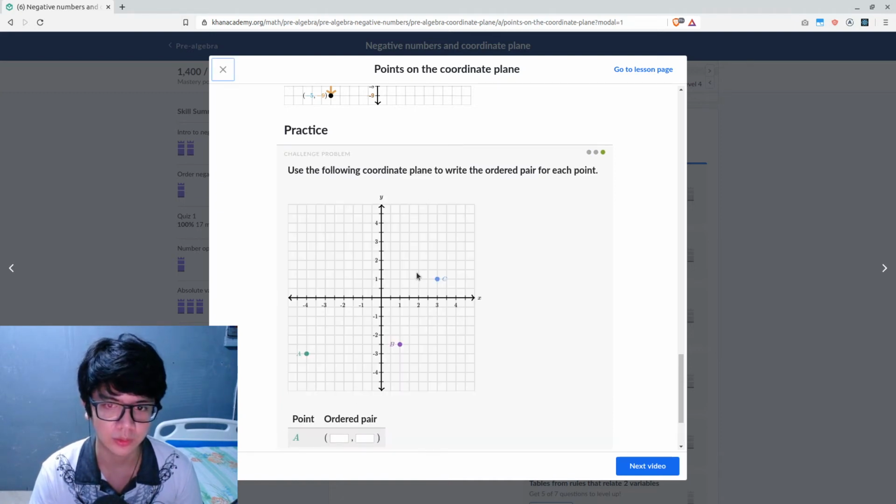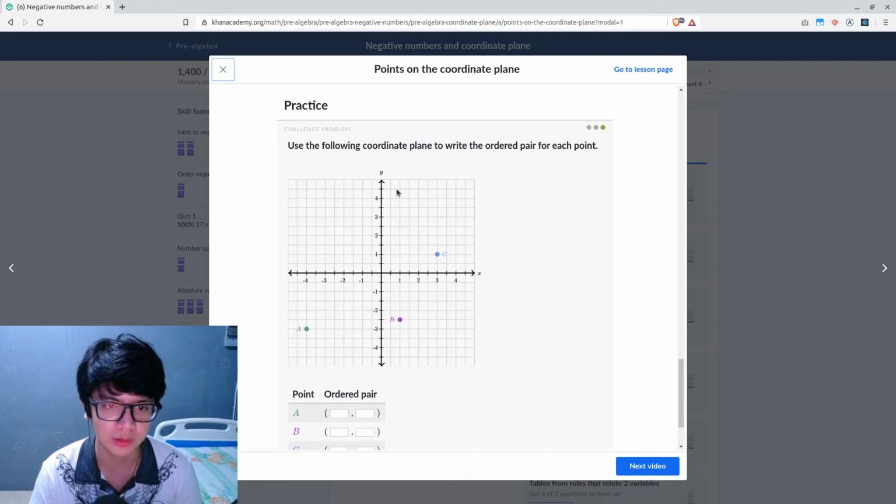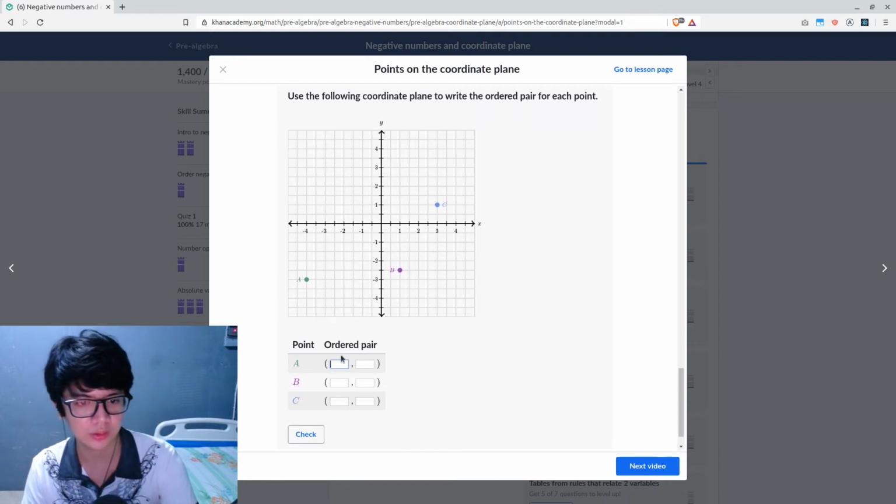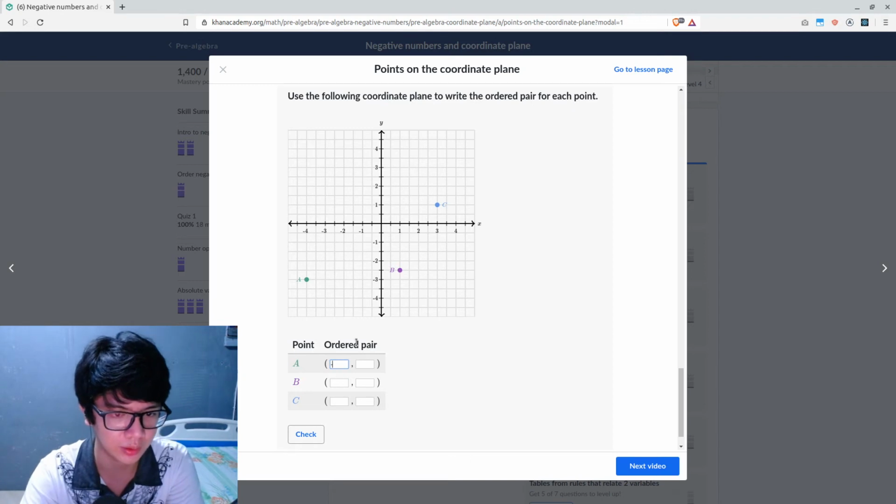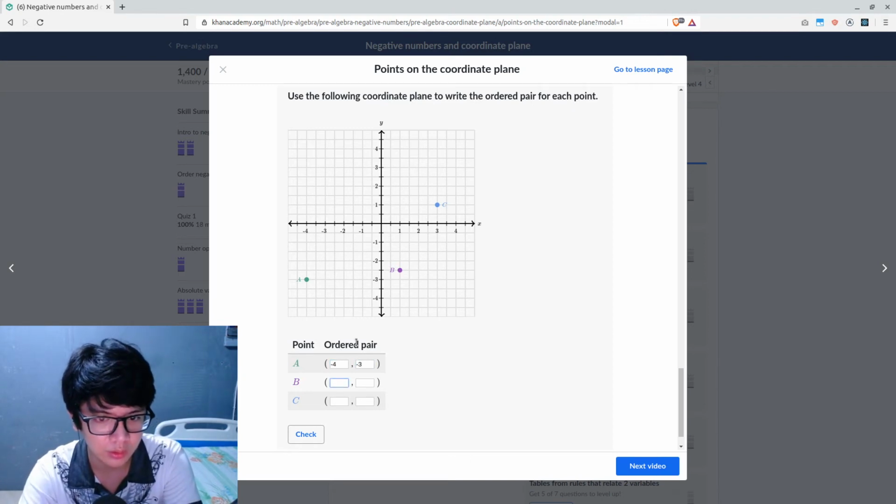I'm going to try to write an ordered pair for each point. So it's going to be like -4, -3. This one's going to be 1 and -2.5. I mean, both positive 3 and 1. Check.